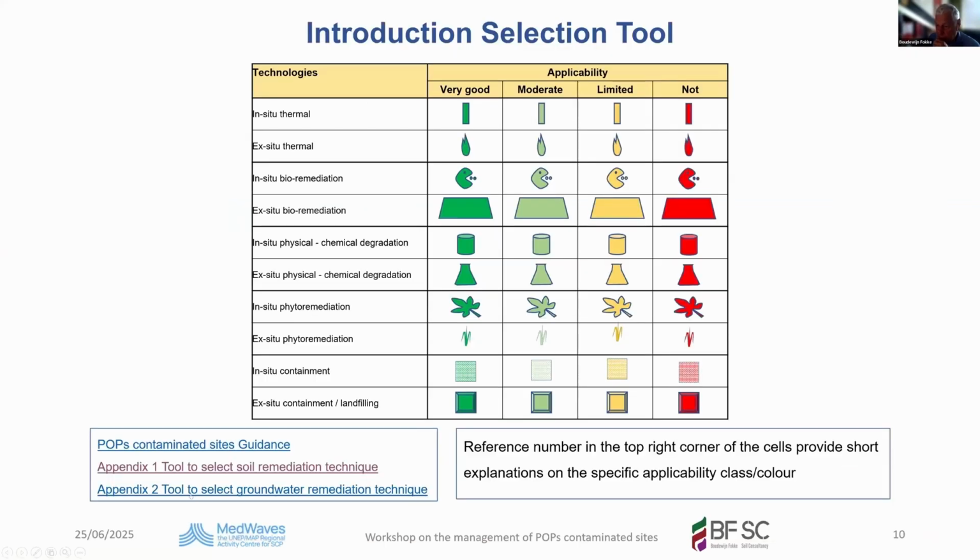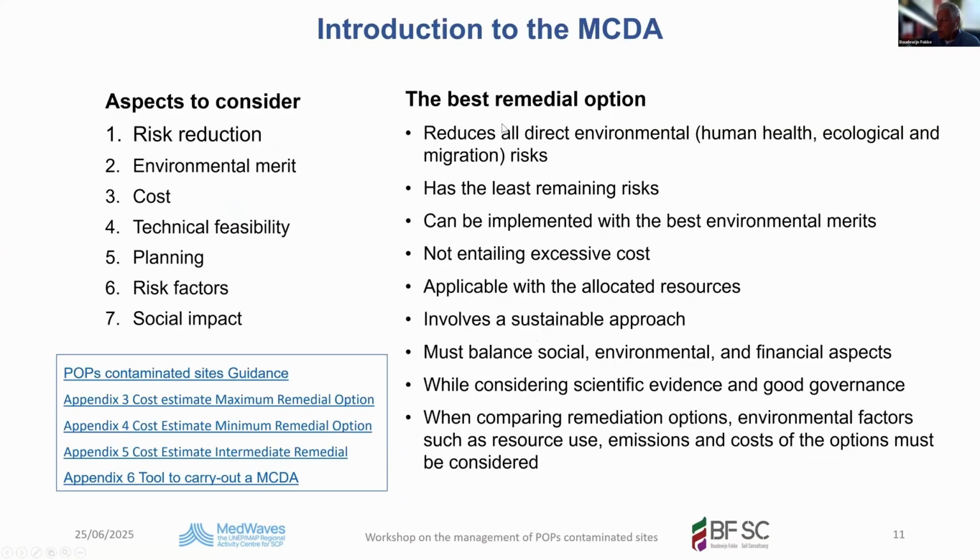So the same we have for groundwater. If you design a remediation, you have to get the best remediation option. And the aspects to be considered are risk reduction, environmental merits, cost, technical feasibility, planning, risk factors, and social impact. These are the aspects to be considered to have a sustainable remediation.